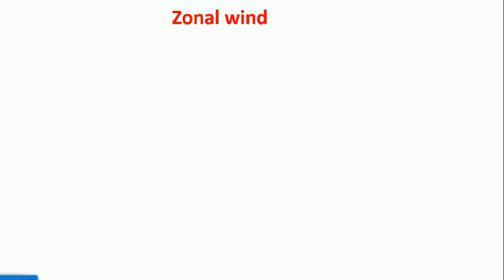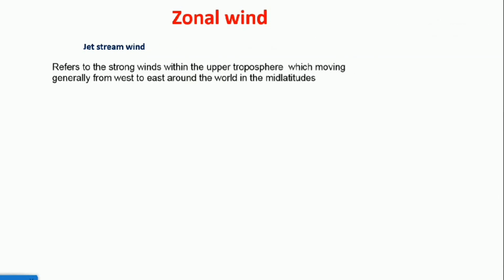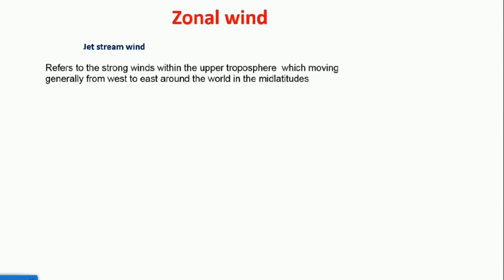Zonal wind. The third type of wind system is referred to as zonal wind. In zonal wind, we have one type of wind, that is jet stream wind. Jet stream wind refers to the strong wind within the upper troposphere, moving generally from west to east around the world in the mid-latitudes or hemisphere.